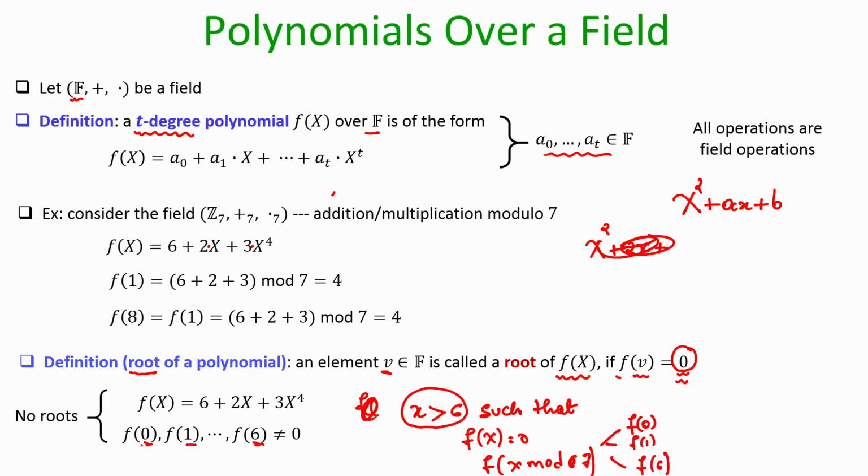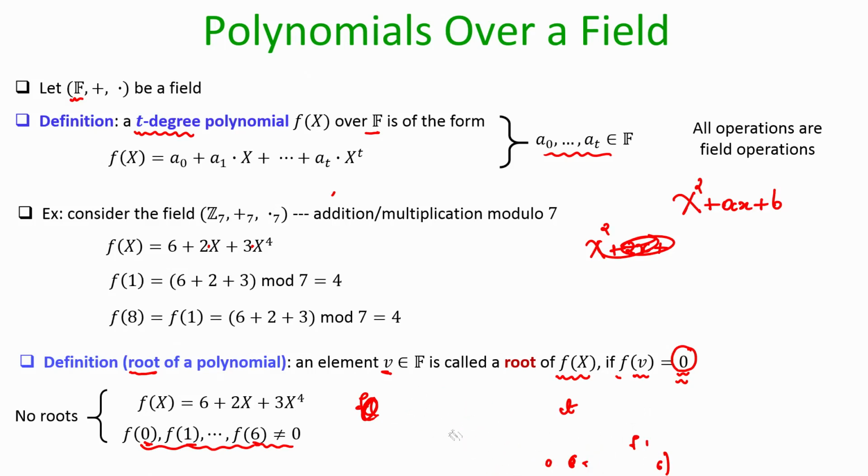But none of these 7 values is equal to 0, and hence it does not matter whether your x is greater than 6. If you evaluate f of x for such an x, it will give you a non-zero value. So, that shows that this polynomial does not have any root.